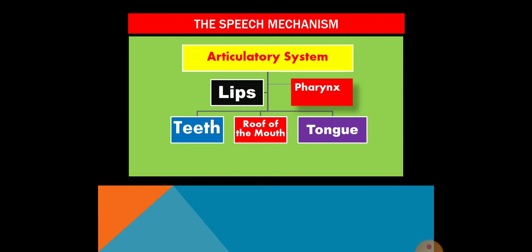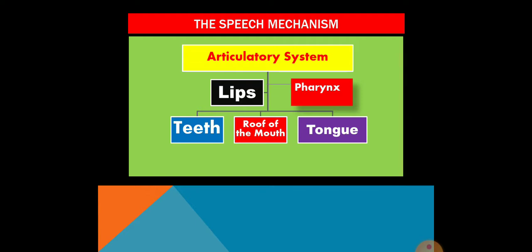It serves primarily as a tube connecting the larynx with the oral and nasal cavities. Then the second organ, lips. They are very important in speech. They can be pressed together when producing any kind of sound.